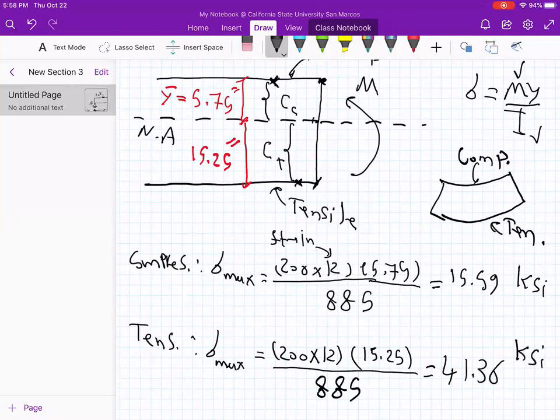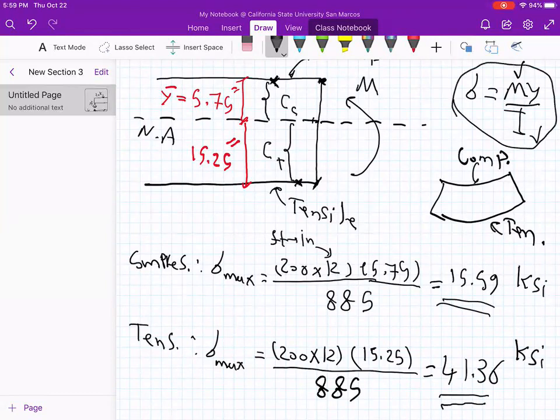So in this section, the maximum compressive stress is 15.59 and the maximum tensile stress is 41.36.